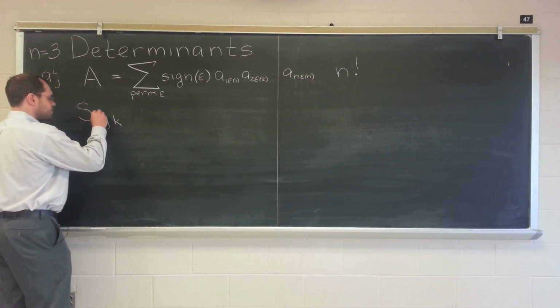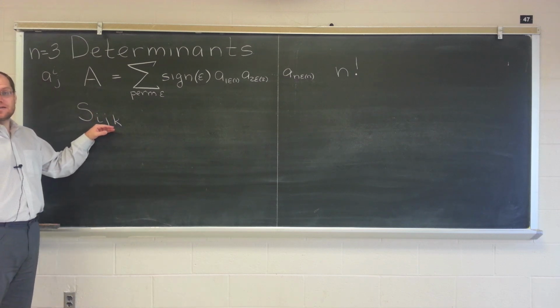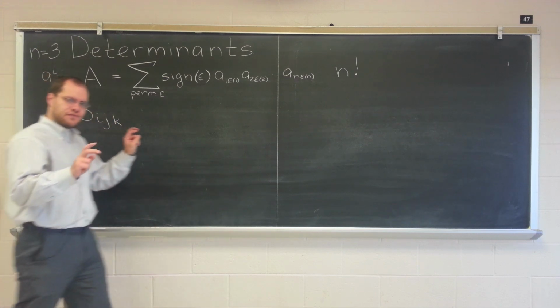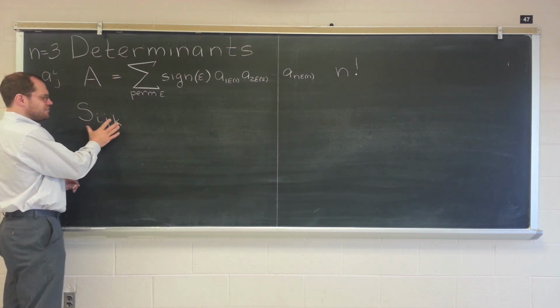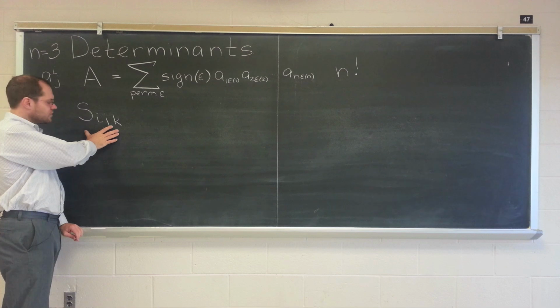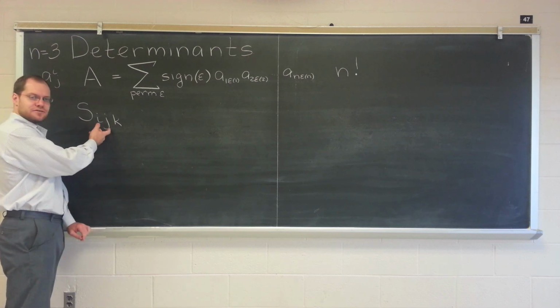Okay, and let's say that this system with 27 entries, or n cubed entries, is fully skew symmetric. Fully skew symmetric. It means that if we look at an entry corresponding to certain values i, j, and k, and switch two values.